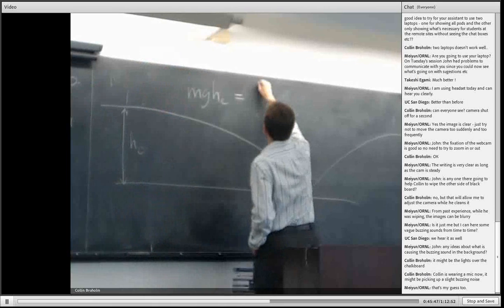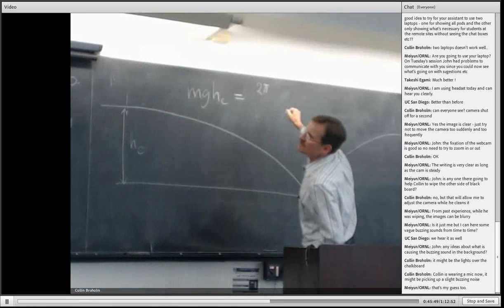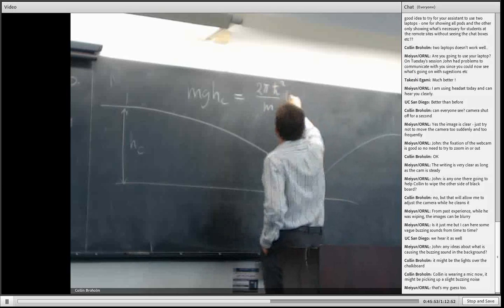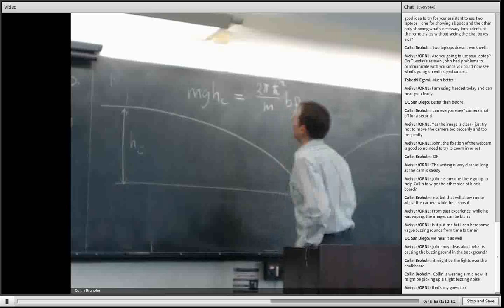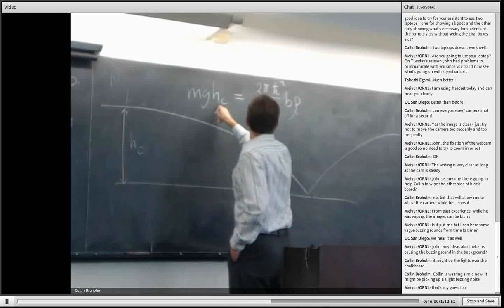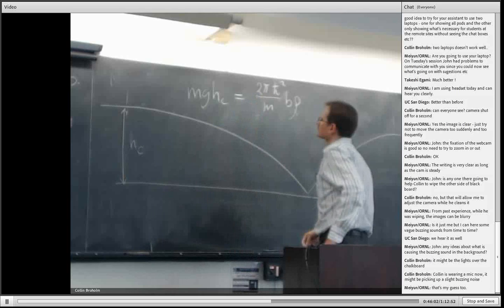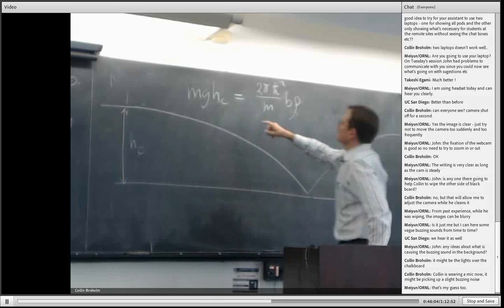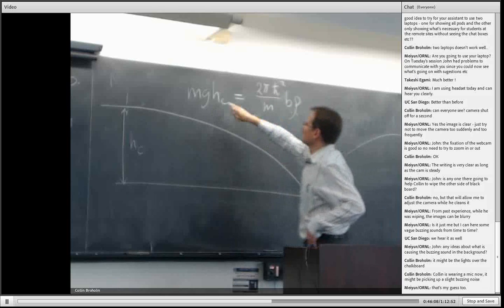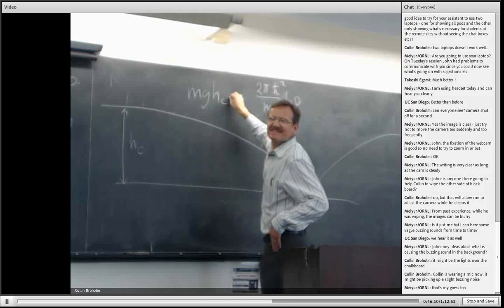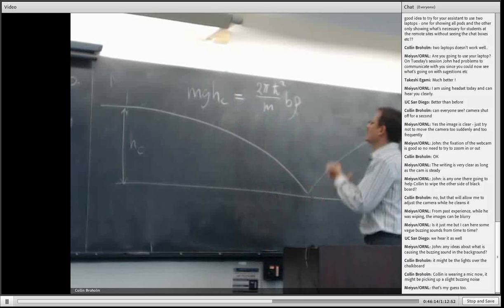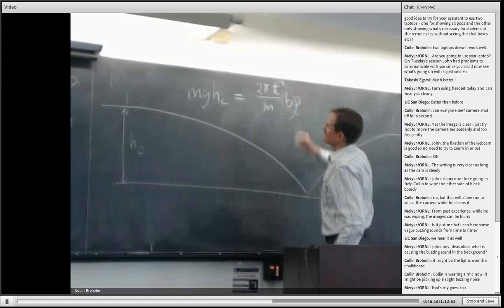So that's 2 pi h bar squared over m times the scattering length times the density. If I can go and measure this critical height, then I'll be able to rearrange this expression. I have to be careful: this h is not the Planck constant. This is just the physical critical height. Then I can go and measure the scattering length.